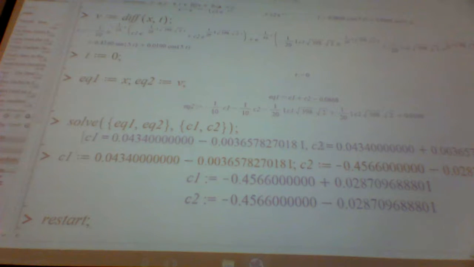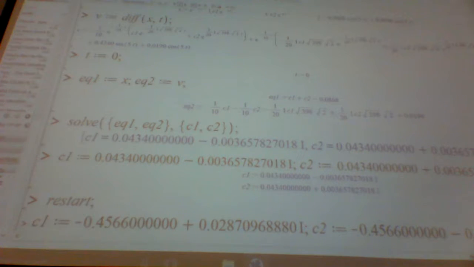All right, and then I did this, and I did this part. Okay, so now we have C1, C2.